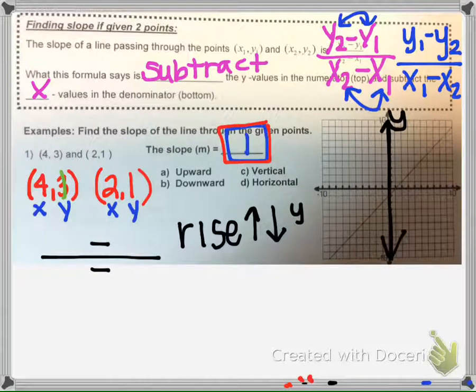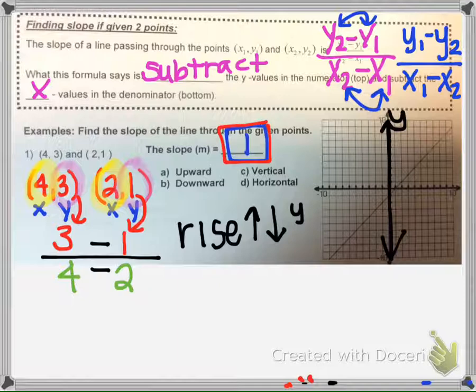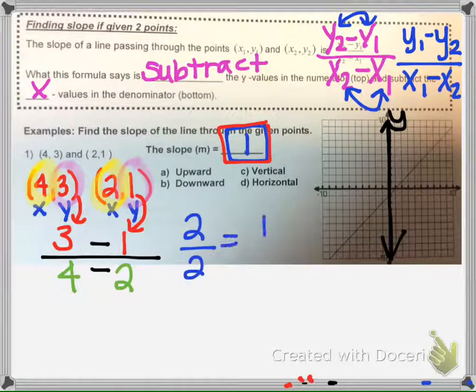So I'm going to take the y values, so the 3 and the 1, and I'm going to bring it down and subtract them. But notice again, it went straight down. And then I'm going to take the 4 and the 2 and subtract those. And then we will get 2 over 2, which is the same thing we got before.